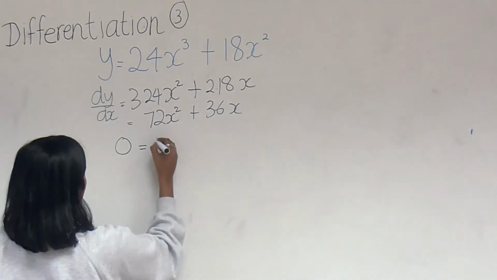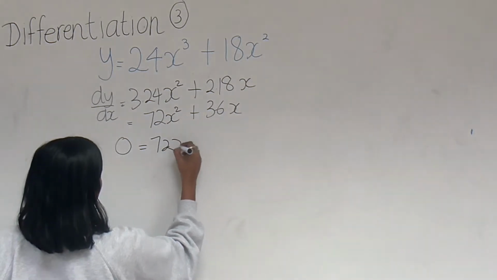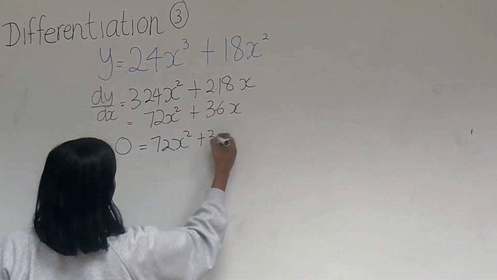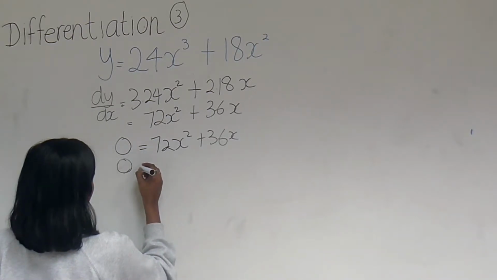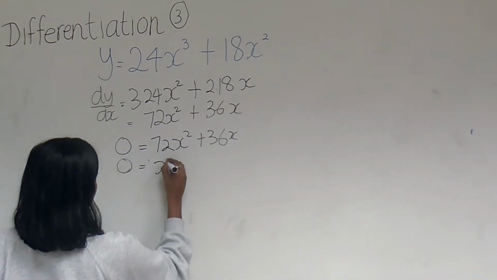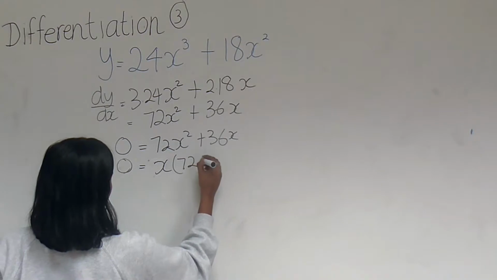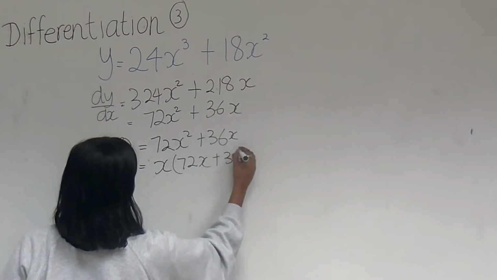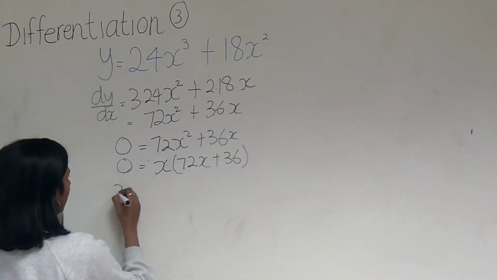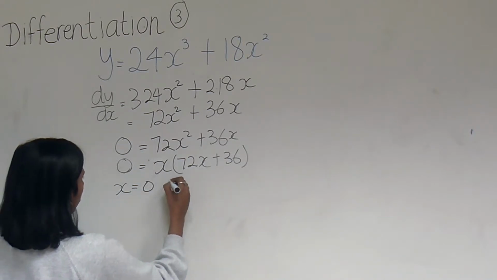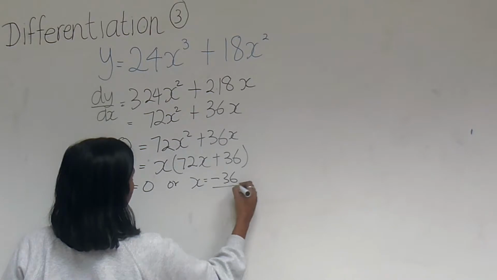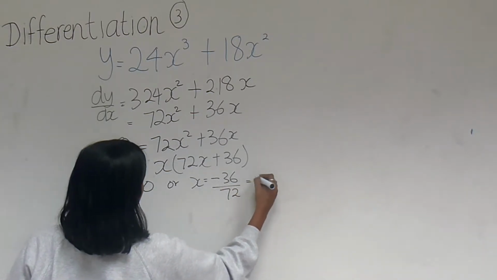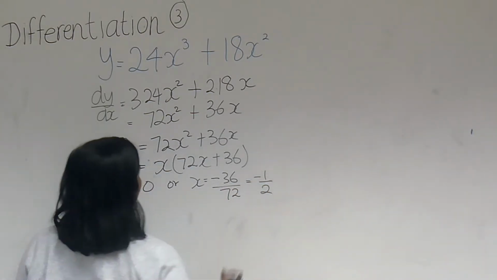So we have 0 equals 72 x squared plus 36x, and then we know that x is going to be equal to 0, or x is equal to negative 36 over 72, which is basically negative half.